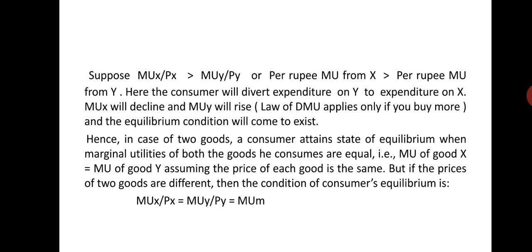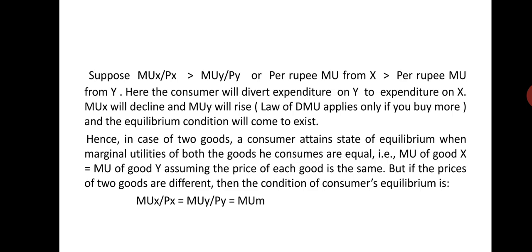Suppose MUx upon Px is greater than MUy upon Py, or we can say per rupee marginal utility from X is more than per rupee marginal utility from Y. Here the consumer will divert expenditure on Y to expenditure on X. As commodity Y gives the consumer less satisfaction, less marginal utility, the consumer will try to divert expenditure on Y to expenditure on X. He will purchase less units of Y and more units of X.